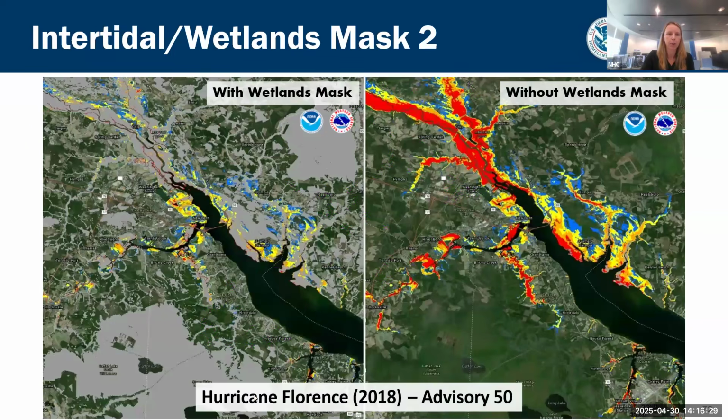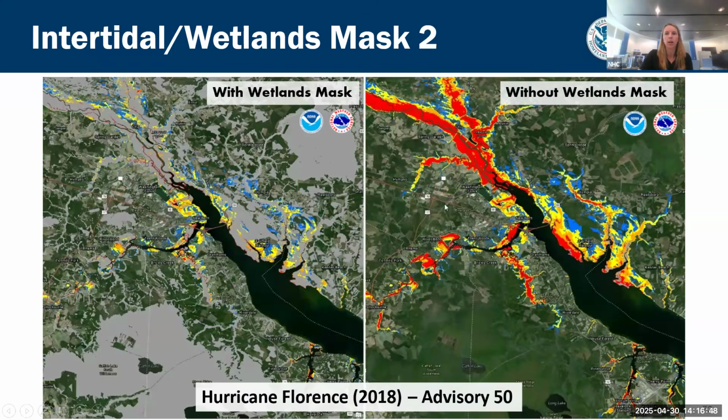And just another example, this was from Hurricane Florence, where we had a very high impact storm up the Neuse River in North Carolina. Well inland, you might not think of this area as being a beach town, but they are very susceptible to storm surge along the river.